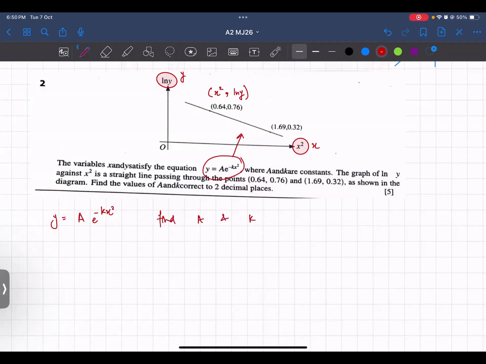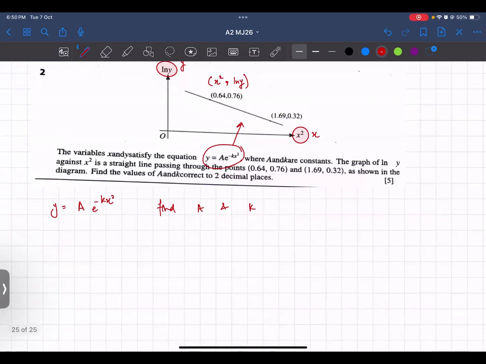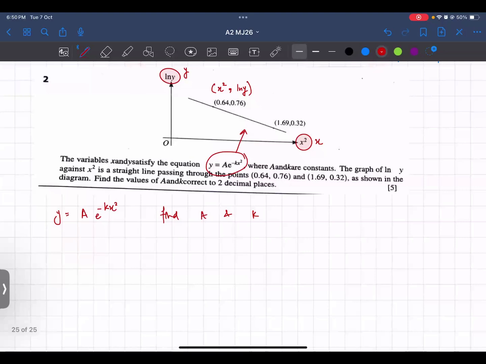So what can we do now? First of all, we convert into a form which is linearized, so that we can understand what the gradient is and what the y-intercept is. So what do we do? We use ln on both sides. ln y is equal to ln of A e to the minus k x squared. ln y is still ln y.